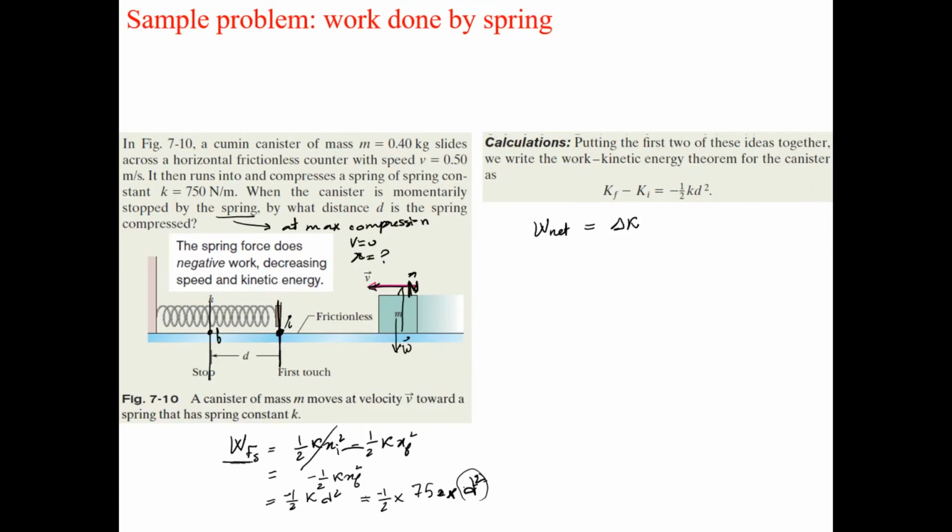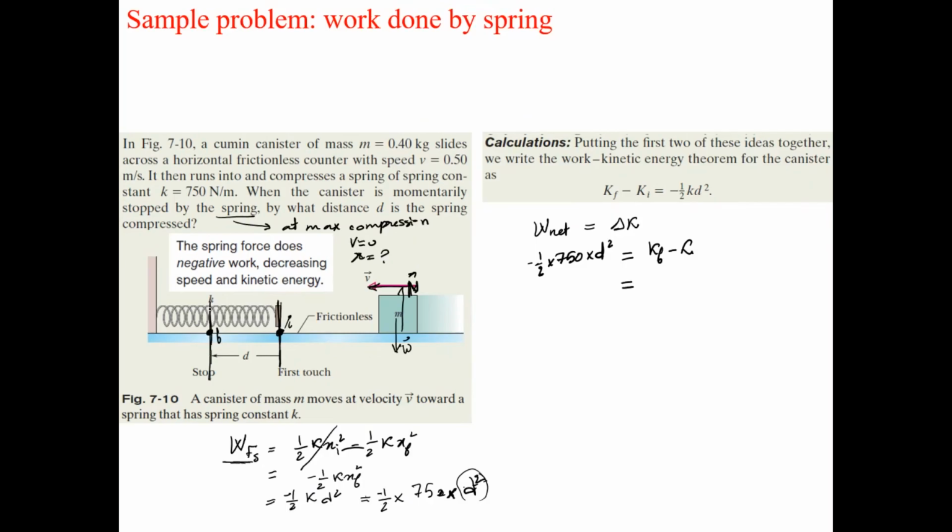So W net is just the work done by the spring, which is minus half times 750 times d squared. Now, delta K is the change in the kinetic energy between the initial and the final points that I have selected. So this is K final minus K initial. I wrote that at the maximum compression, v is 0.